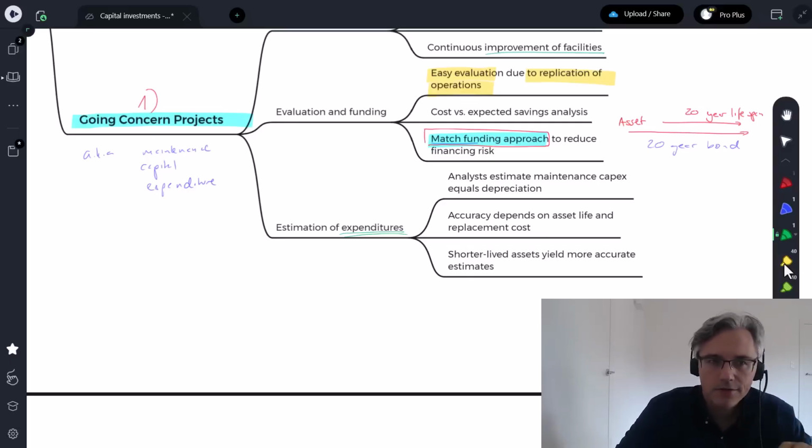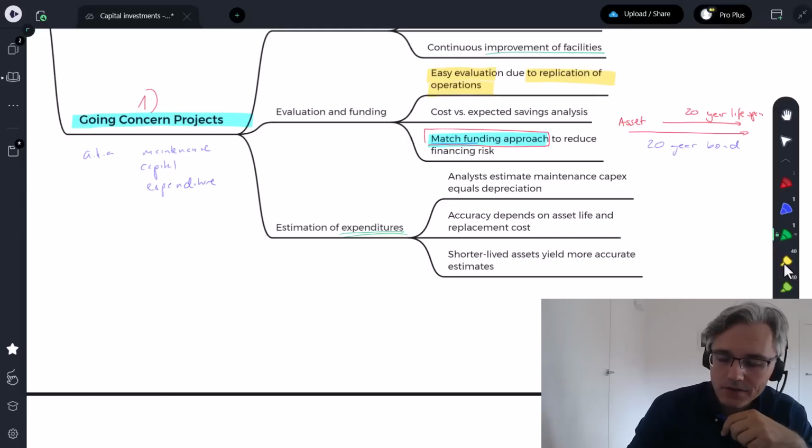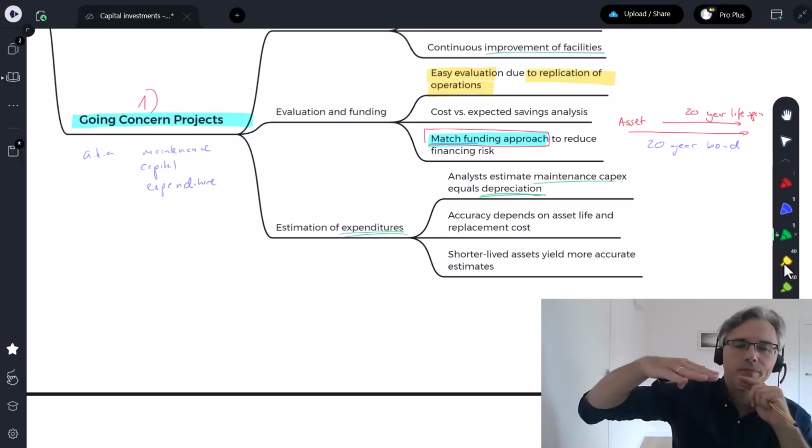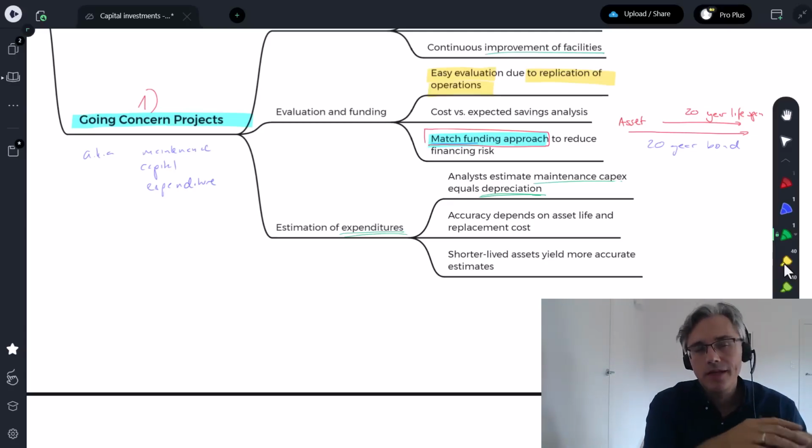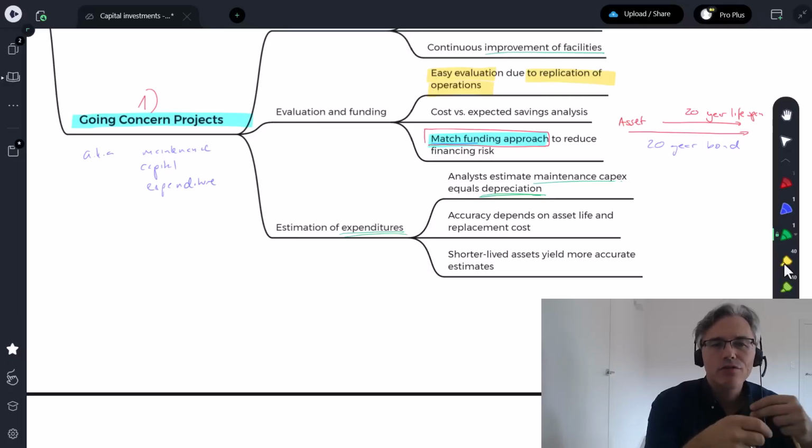So what analysts often do is try to get an estimate of this kind of maintenance capex, also known as replacement capex, by looking at depreciation. How much the company is depreciating its assets or amortizing its assets should roughly equal how much it should be replacing to keep the thing going.